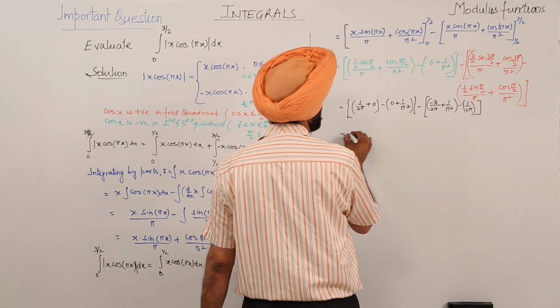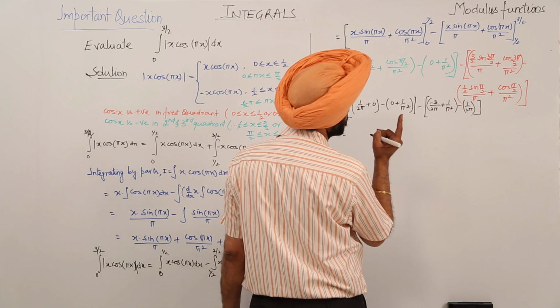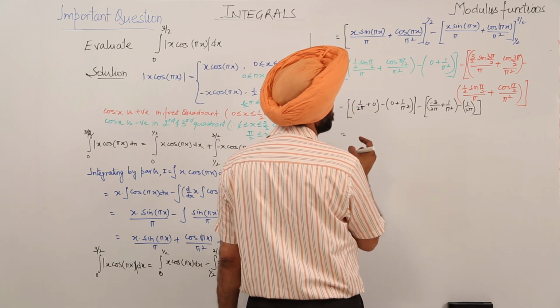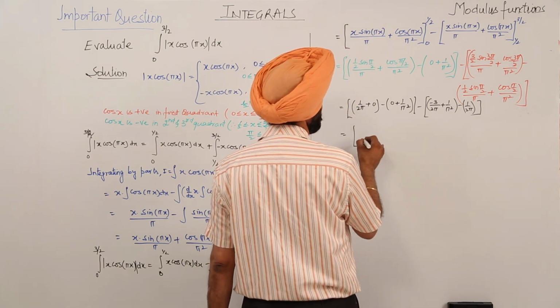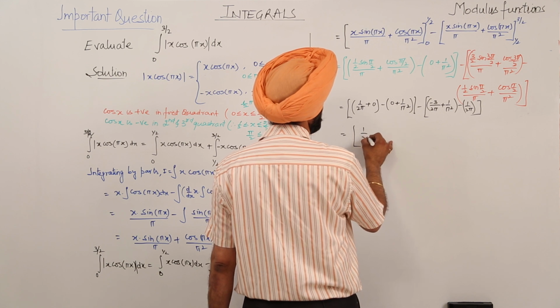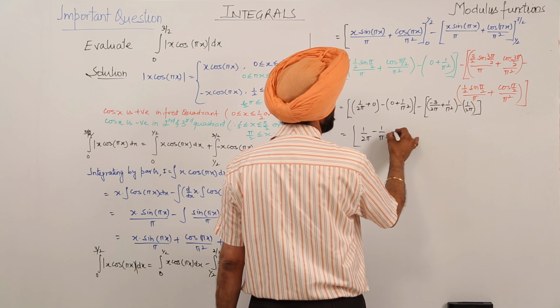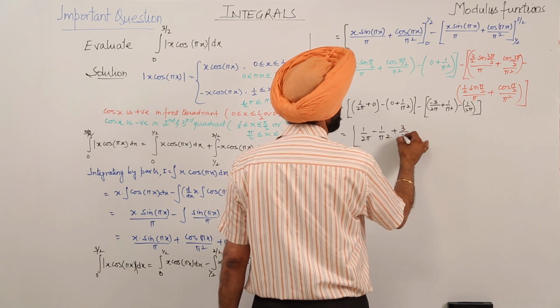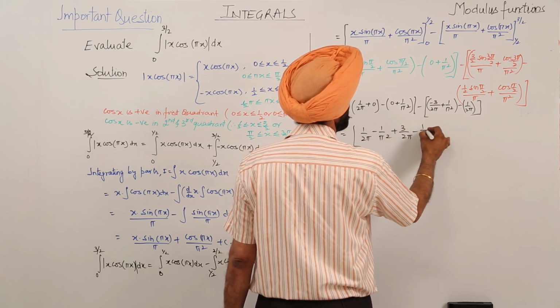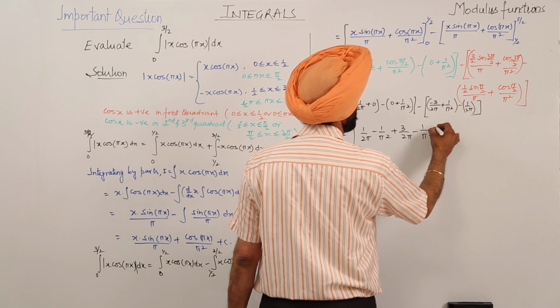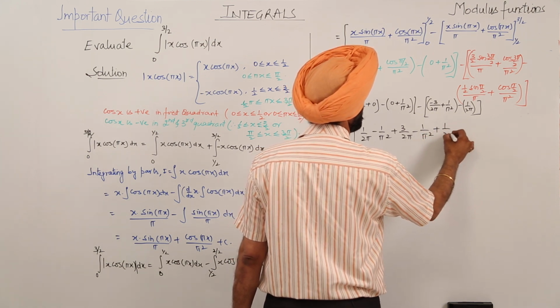Now this becomes 1 upon 2 pi minus 1 upon pi square plus 3 upon 2 pi minus 1 upon pi square plus 1 upon 2 pi.